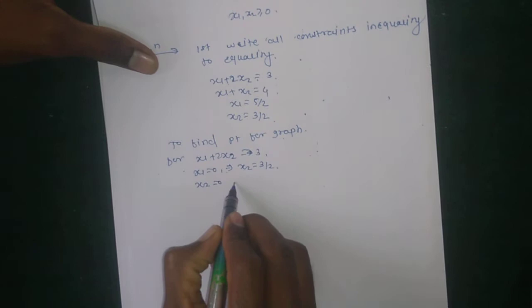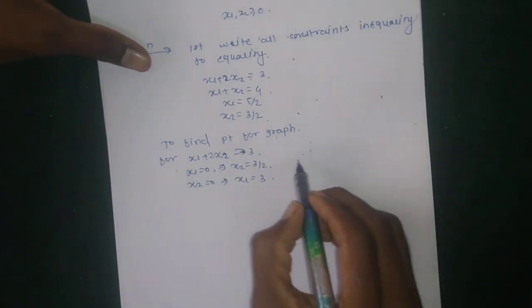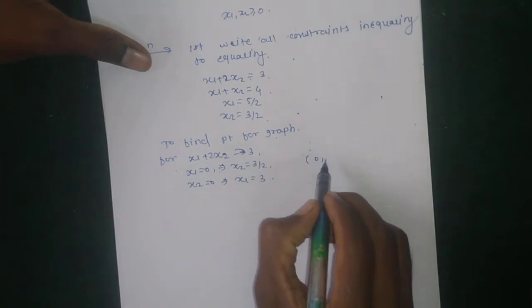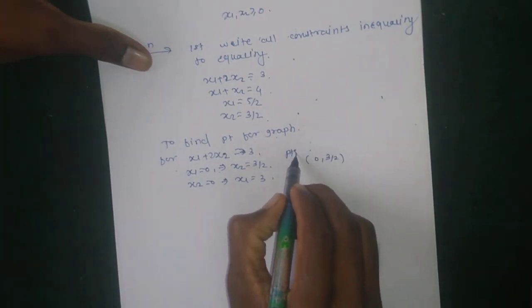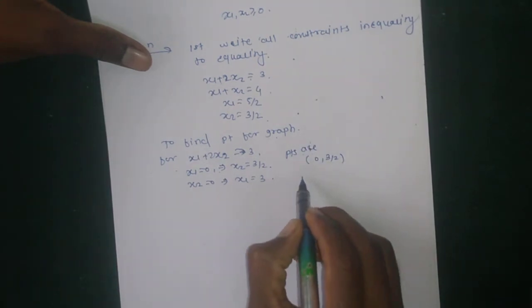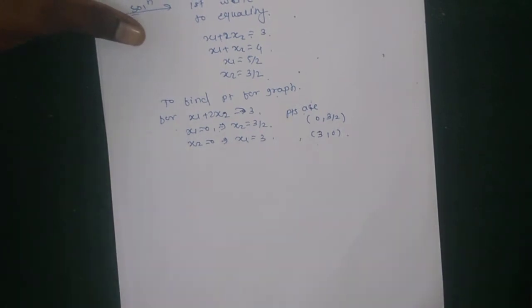When x2 is equal to 0, then x1 is equal to 3. Therefore the points are 0, 3/2 and 3, 0. These are 2 points.